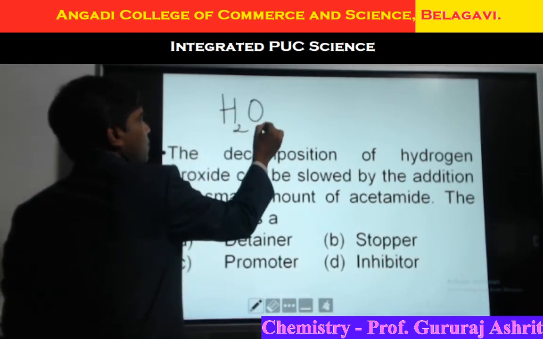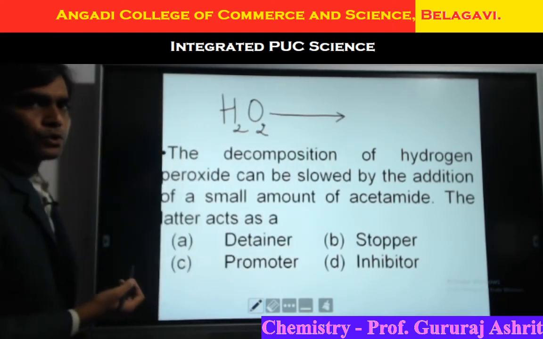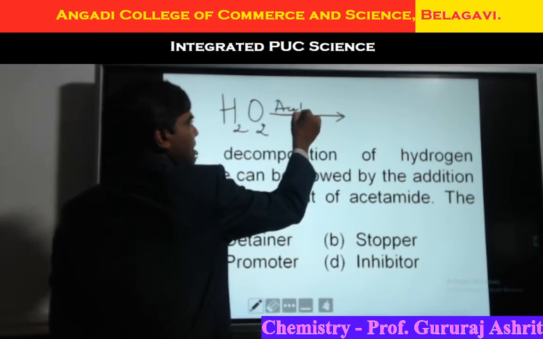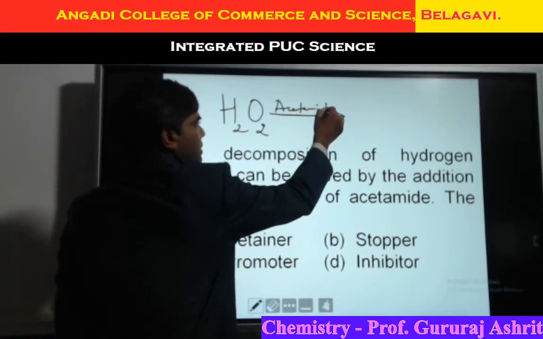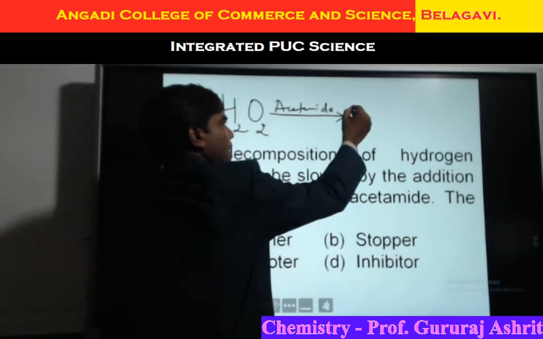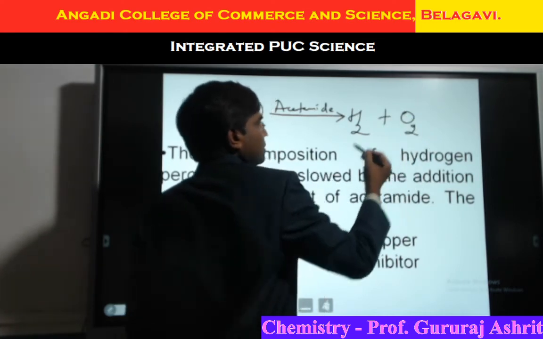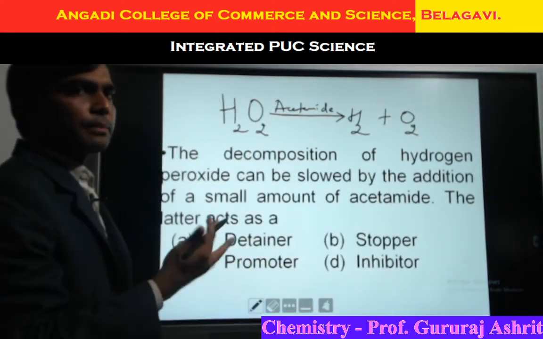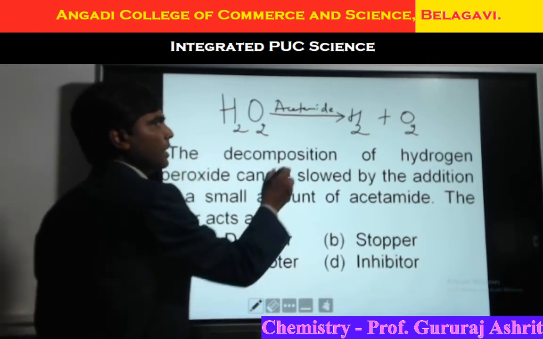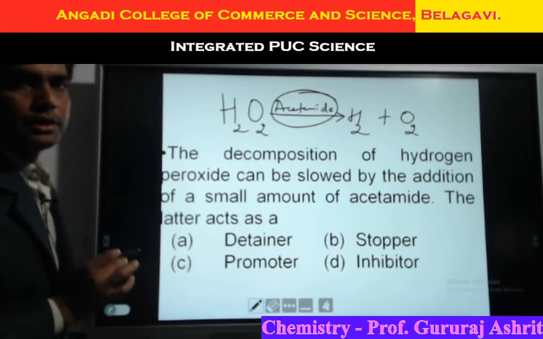Decomposition of hydrogen peroxide means we are decomposing and we are adding the compound called acetamide, CH3CONH2 is the formula. When you add this, you get hydrogen gas and oxygen gas, or sometimes depending upon temperature, water and oxygen gas. So reaction is not required. So what is the role of this acetamide in the reaction, he is asking.